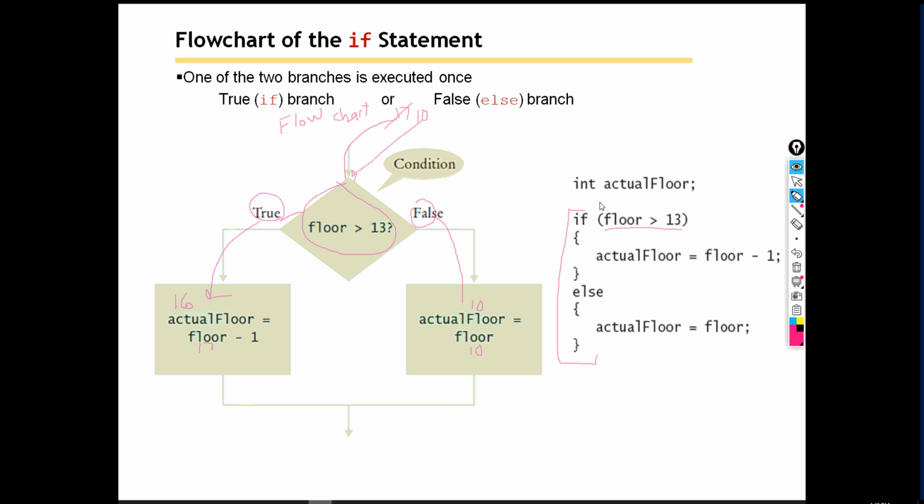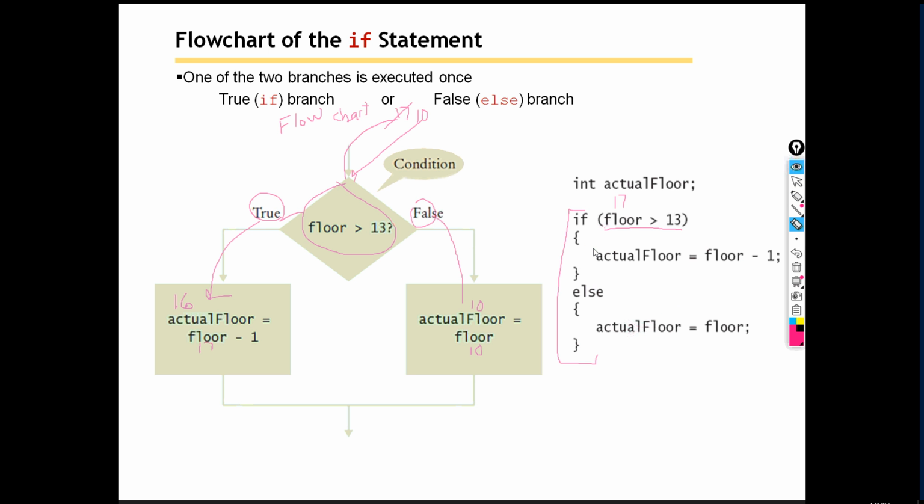So is 17 greater than 13? Well, if it is, then what we want to do is we want to do this. And then we'll skip this, just like the student skipped writing her name on the board, and she went to drawing a circle.